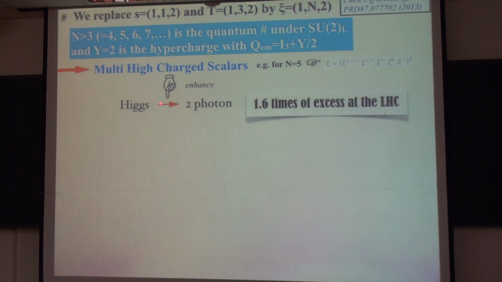This is the Higgs to photon excess, which was originally seen by both CMS and ATLAS, and currently only ATLAS sees something. Okay. So once you have a charged scalar, they will run in the loop. They will easily enhance the decay rate. I will come back to this when I talk about phenomenology.